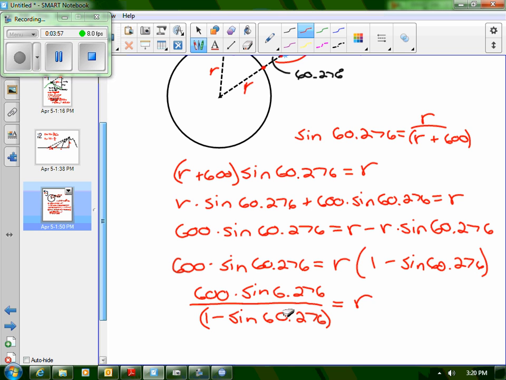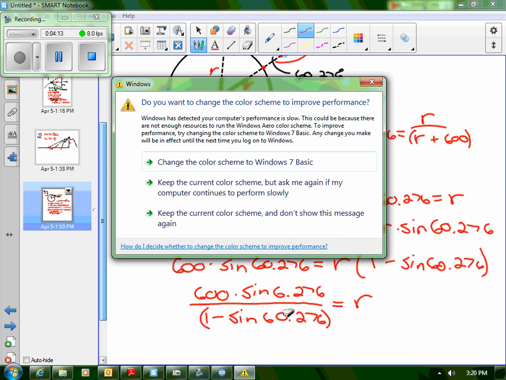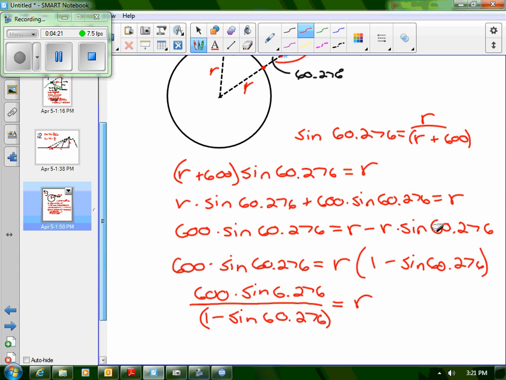So if we do that, let me do that real quick. I've got a calculator in front of me. Make sure you're in degree mode when you do this. 600 times the sine of 60.276 divided by 1 minus sine 60.276.